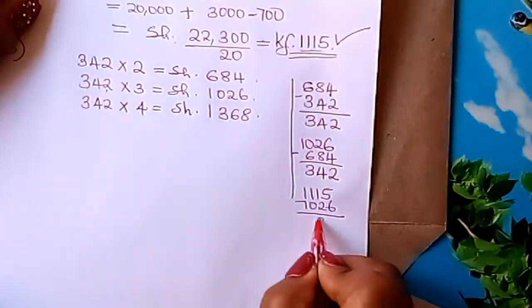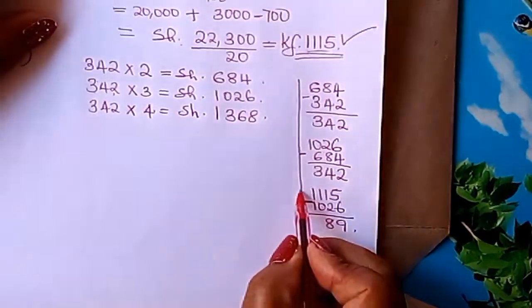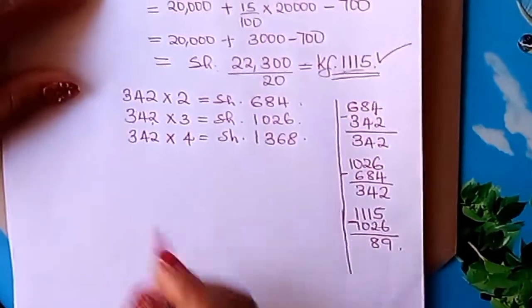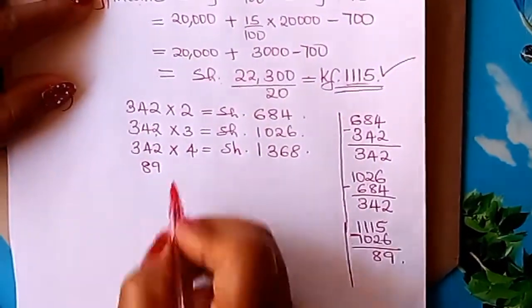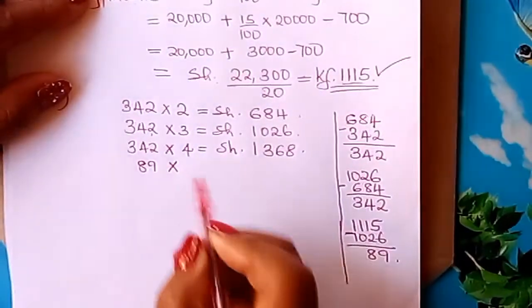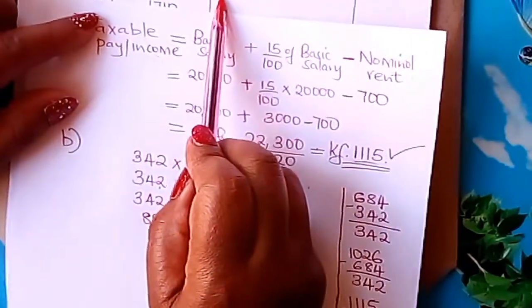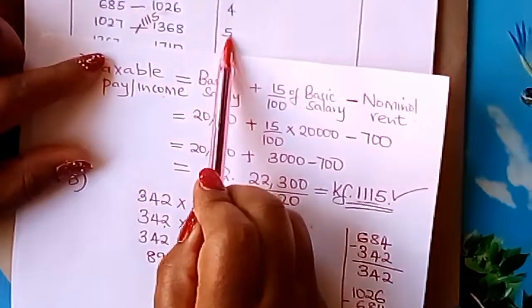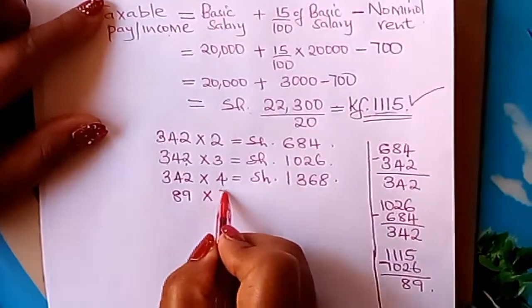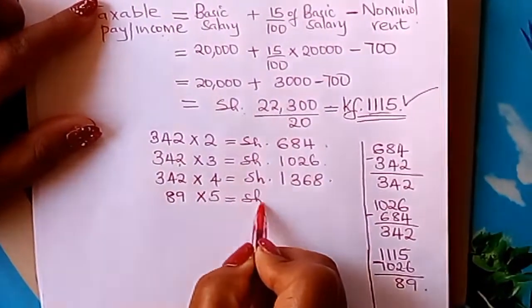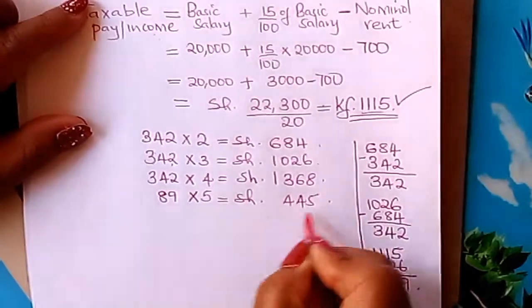Subtracting this, you'd get 89 Kenya pounds. So our fourth and final slab takes 89. You multiply by what this time? The rate is 5 shillings per pound. Using a calculator, you'll get 445 shillings.